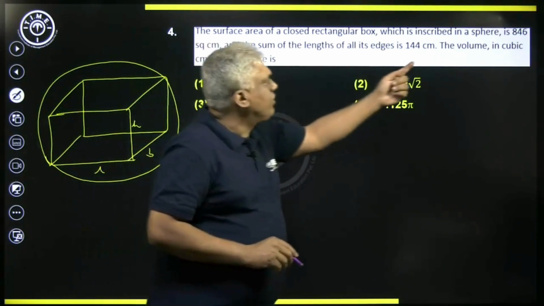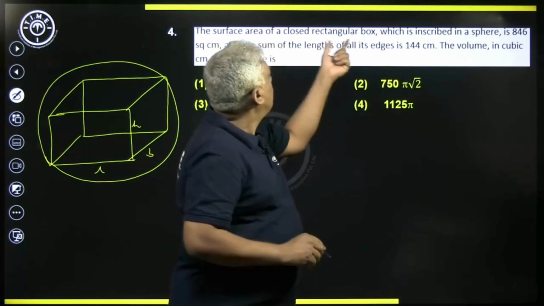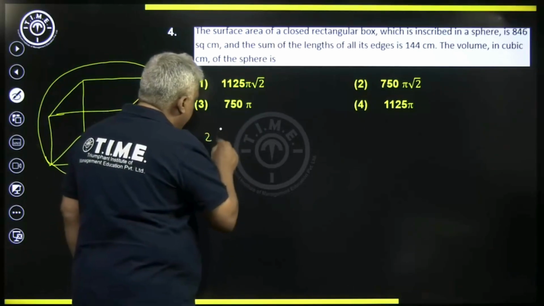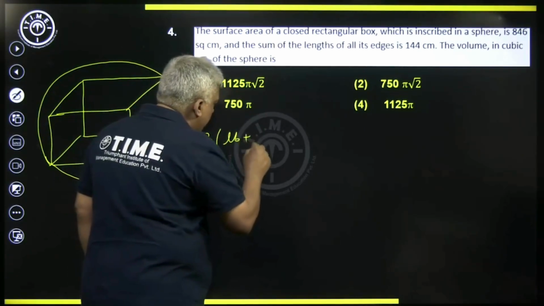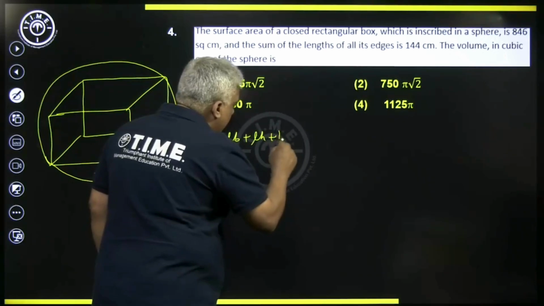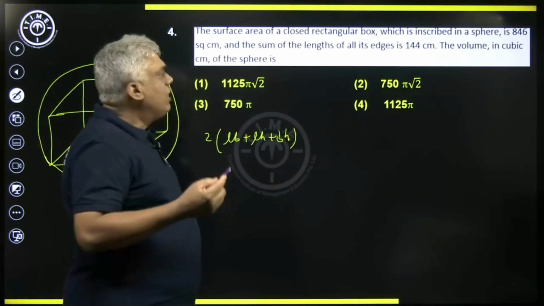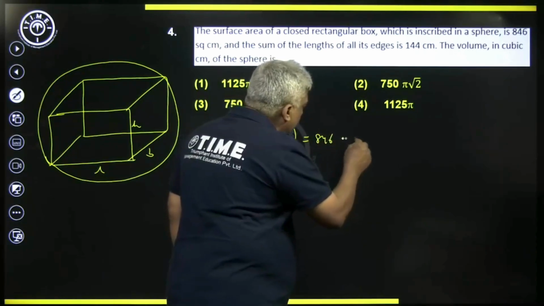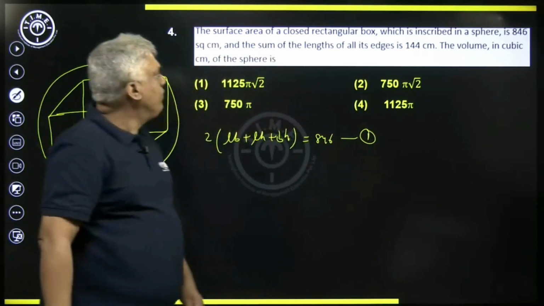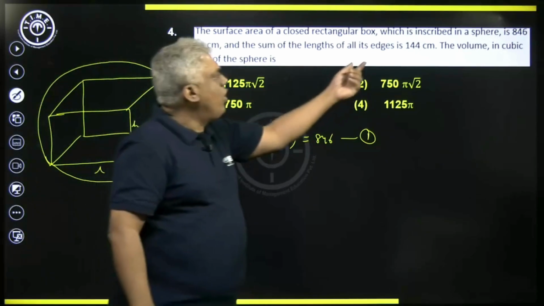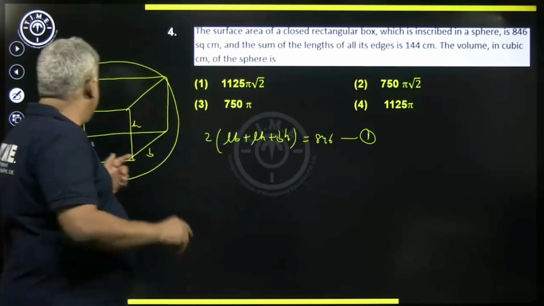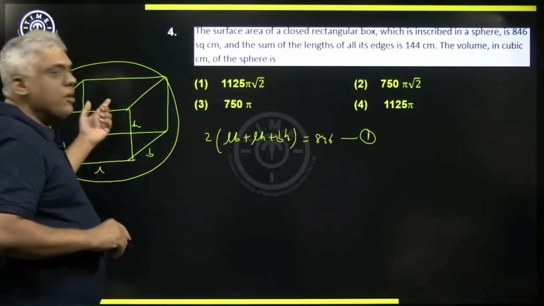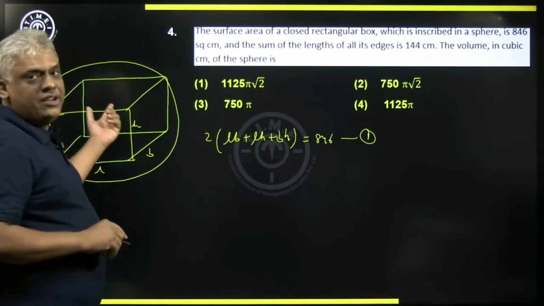The surface area of the closed box is 2 times (LB plus LH plus BH), and this is given as 846. Let us call it equation number 1. We are given that the sum of all edges, 12 edges: length 4 times, breadth 4 times and height 4 times.